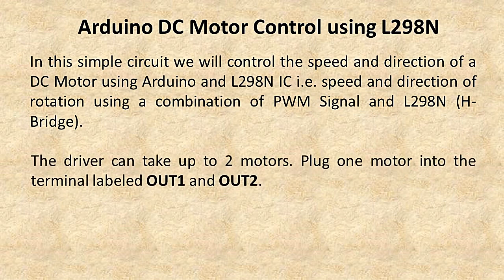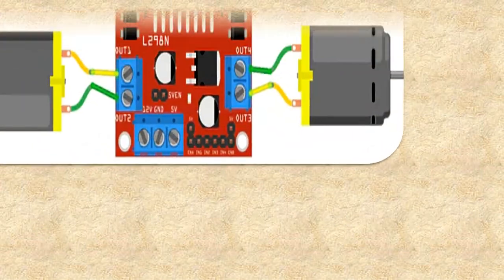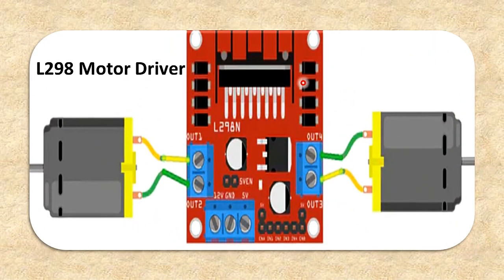The driver can take up to 2 motors. Plug one motor into the terminal labeled out 1 and out 2. Plug the second motor into the terminal labeled out 3 and out 4. In the image shown here, motor 1 and motor 2 are connected to out 1, out 2, out 3 and out 4 respectively.